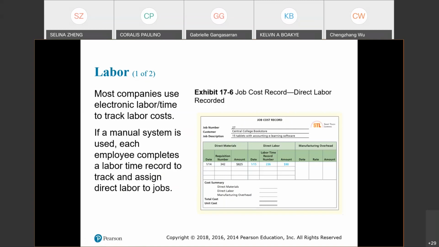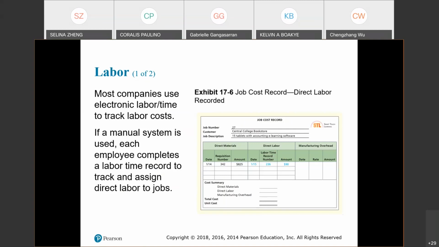Most companies use electronic labor time records to streamline the tracking of labor costs. Employees use ID cards to swipe in and swipe out in order to enter the job information.